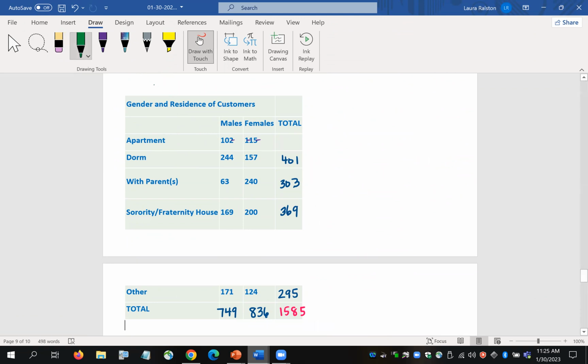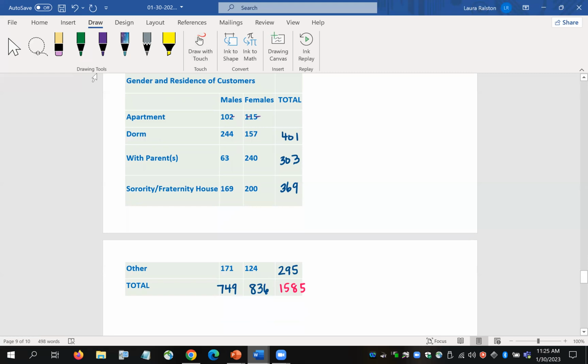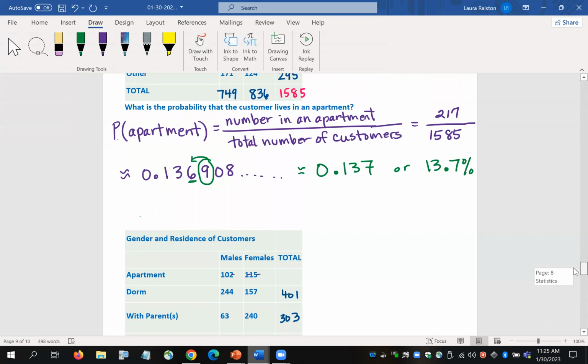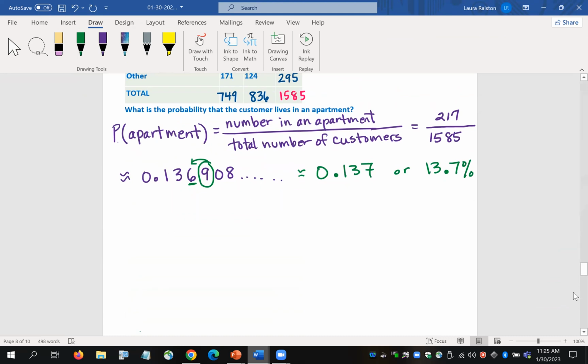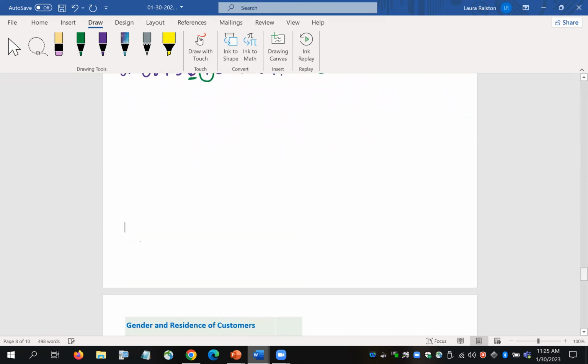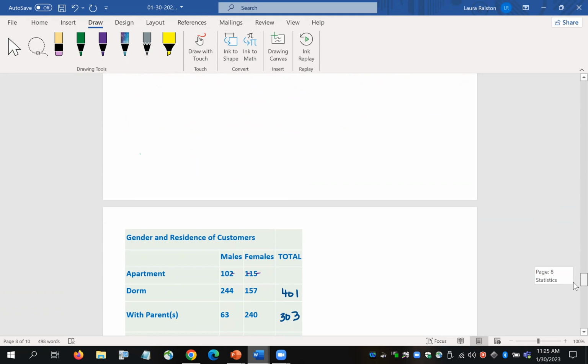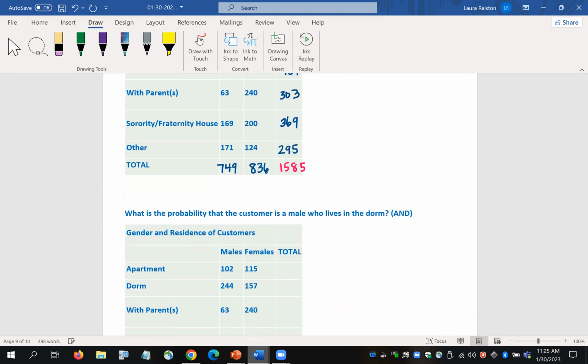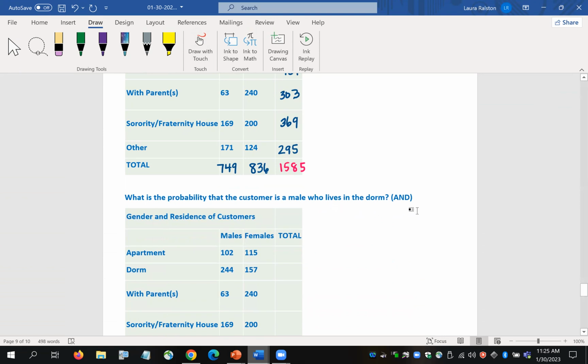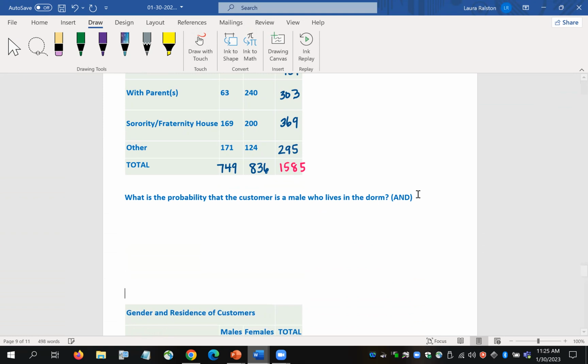And the question is, what is the probability that the customer is a male who lives in the dorm?